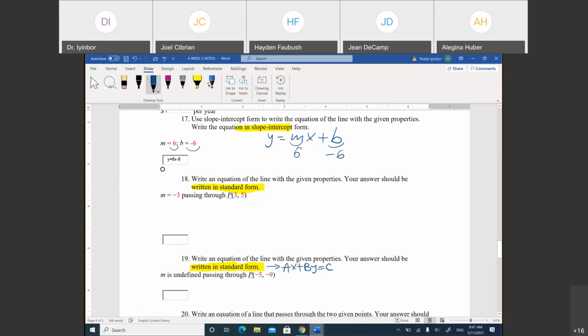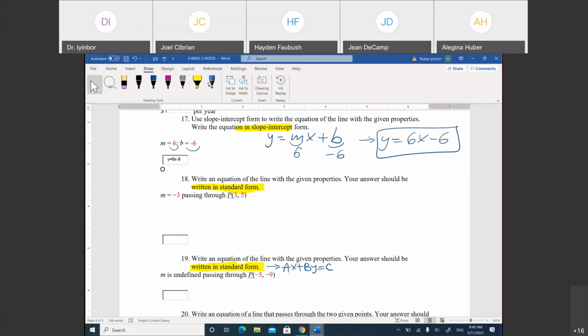Everybody get that? Yes. That's my answer. So just replace m with 6 and b with negative 6, and you keep x and y. Okay?